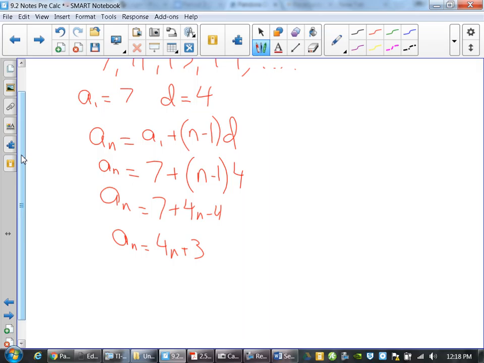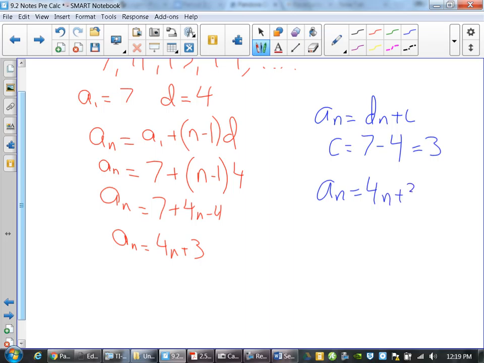The other way was to go right into that form, where you just have to figure out what c is. c is going to be your first term, subtract the difference. Therefore, your rule is a sub n is 4 times n plus 3.